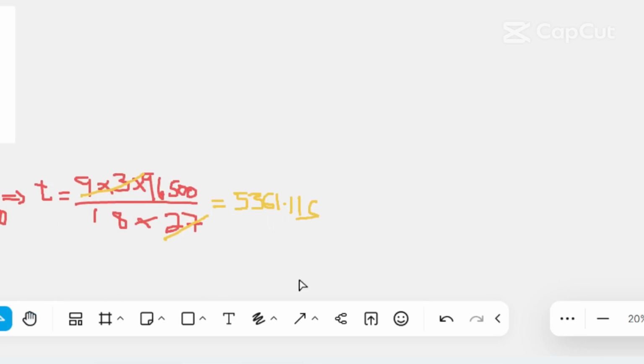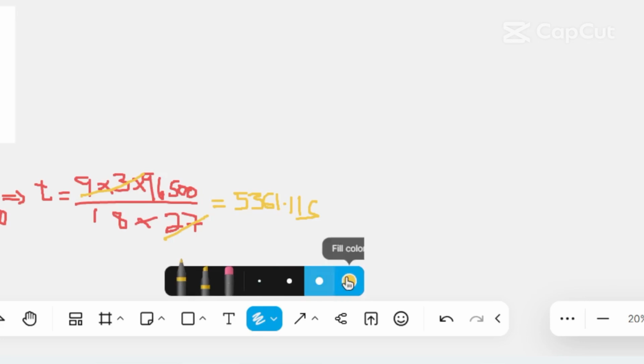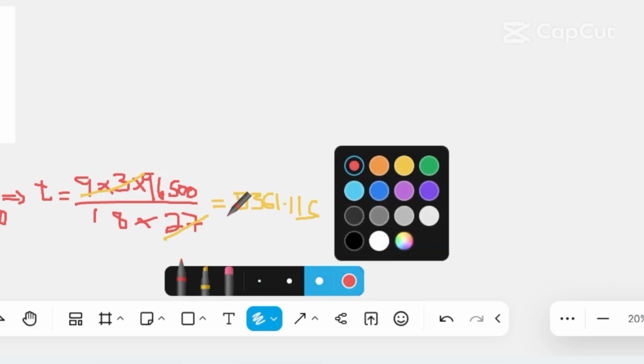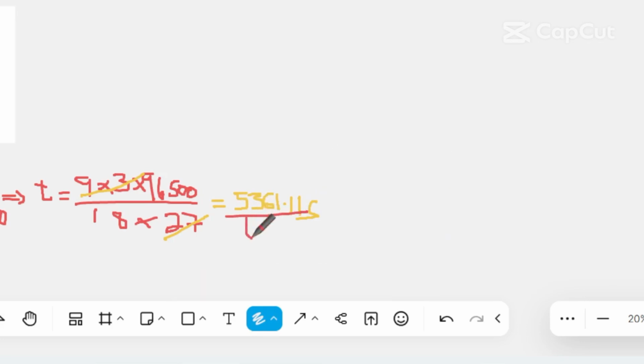How do you convert your seconds into minutes? It's quite simple. Just take your answer divided by 60, because 60 seconds makes 1 minute. Let me quickly do that.